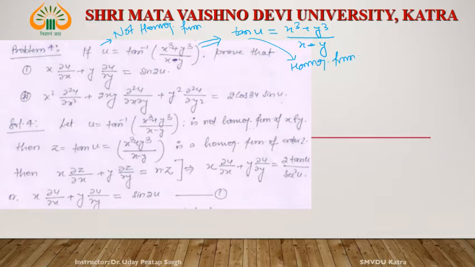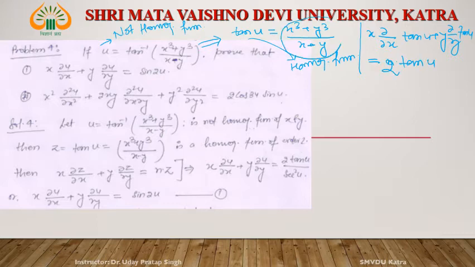Then apply Euler's formula on tan u: x ∂/∂x of tan u plus y ∂/∂y of tan u is equal to n times tan u. What is n? n is equal to 2, and this function is a homogeneous function of degree 2. What is the derivative of tan u? sec² u.